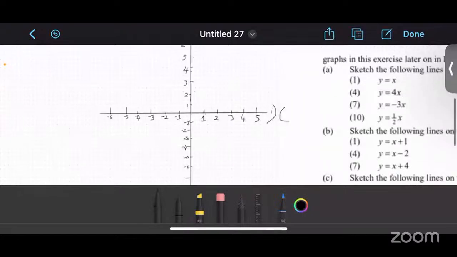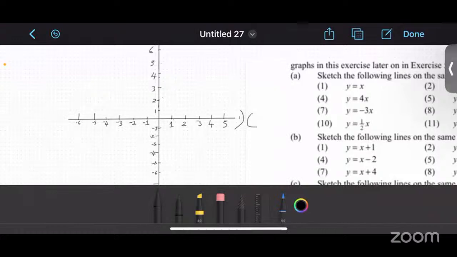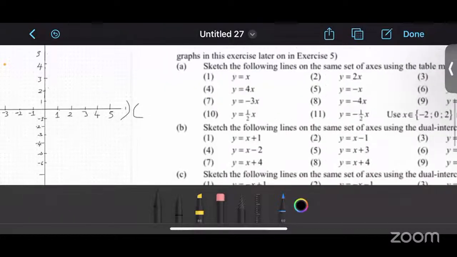So that means all the graphs that we're going to be drawing, everyone, are going to be on this very same x-axis. That's why I wanted it to be a bit perfect, right? And let's go to the first one.